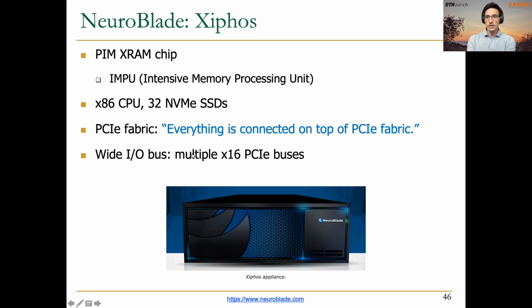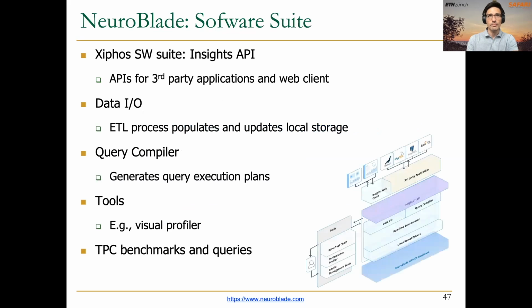Something interesting here is that everything is connected on top of a PCI Express fabric. So I assume that the connections between processor subunits that you have seen in the previous slide are based on PCI Express, but it's just a guess that I'm making here.